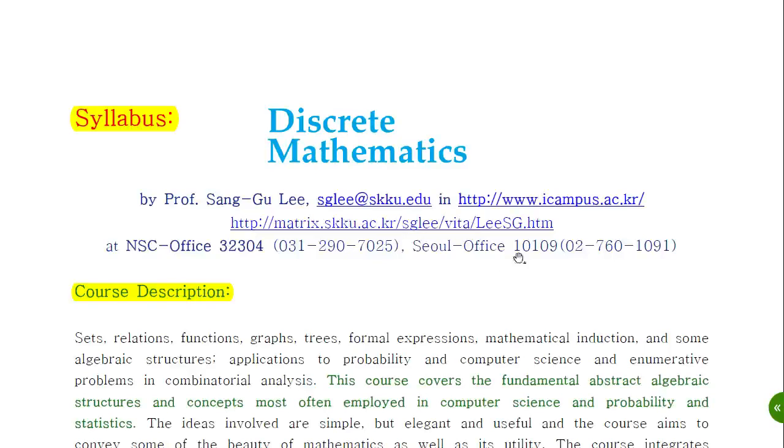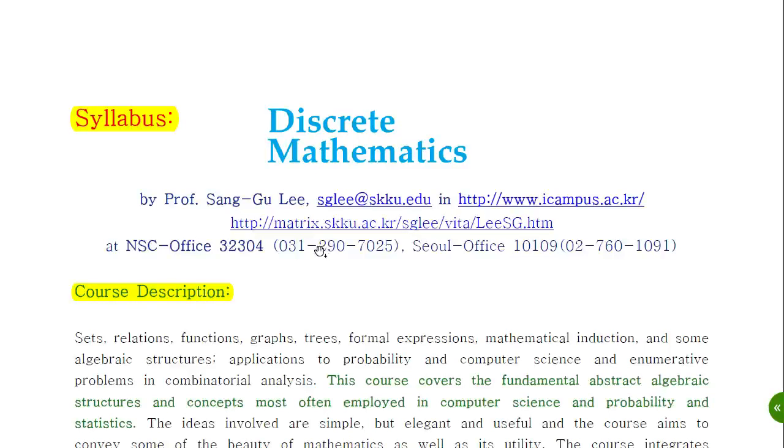I also have my office at the downtown campus in Seoul, in the 600 Years Anniversary Building, first floor, room number 9. This is my phone number in the Seoul office.